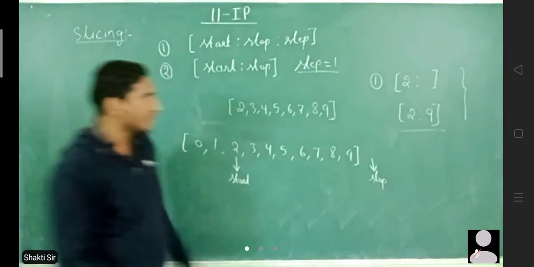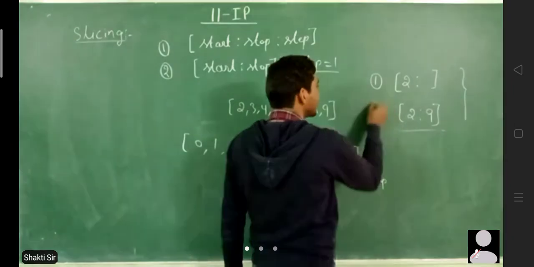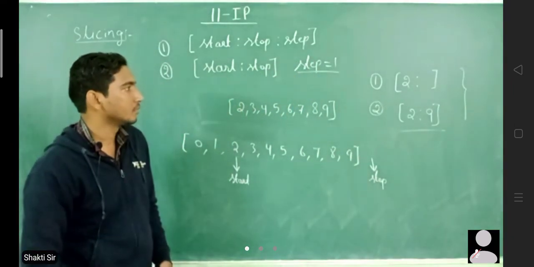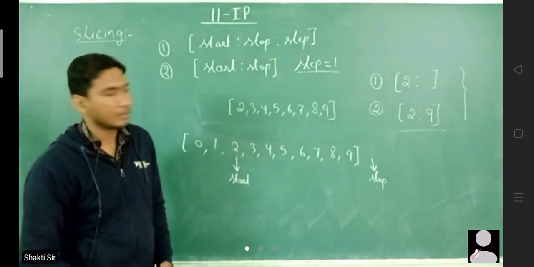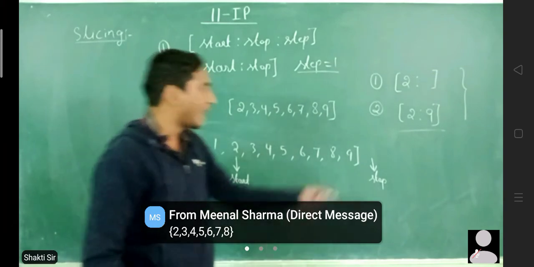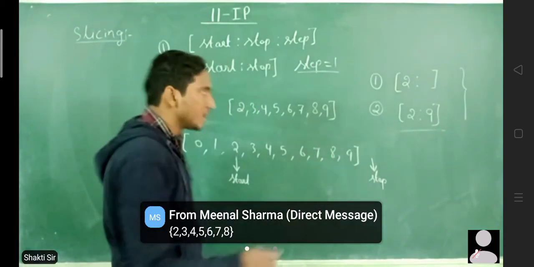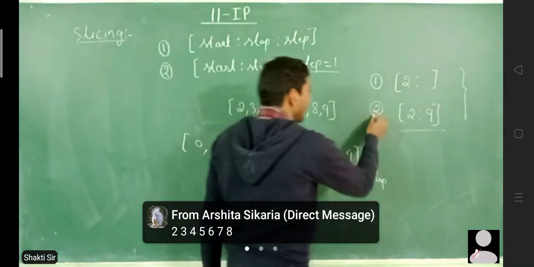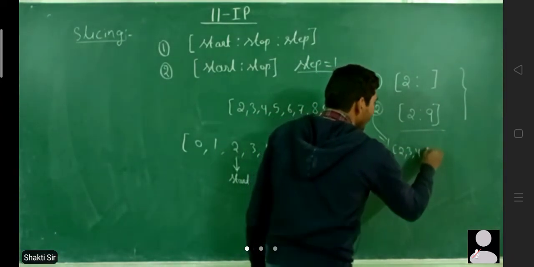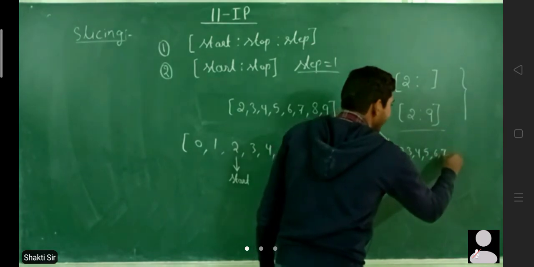Suppose my question is 2 colon 9, then what will be the output? This time 9 will not be included, so my answer will be 2, 3, 4, 5, 6, 7 and 8.